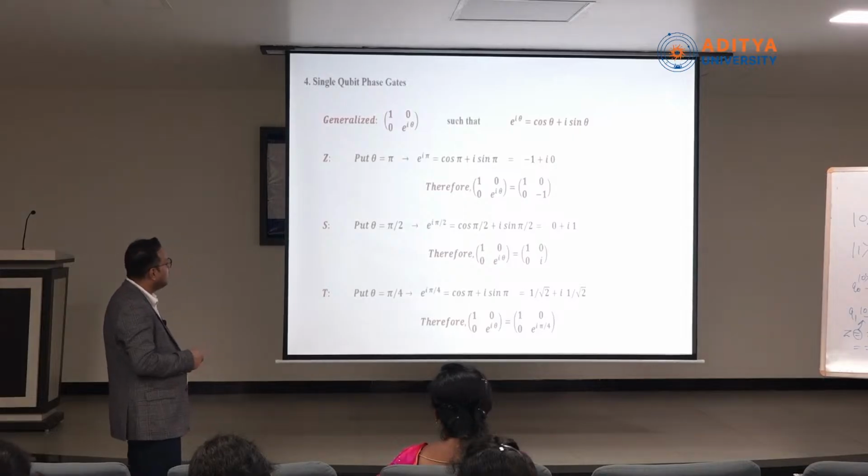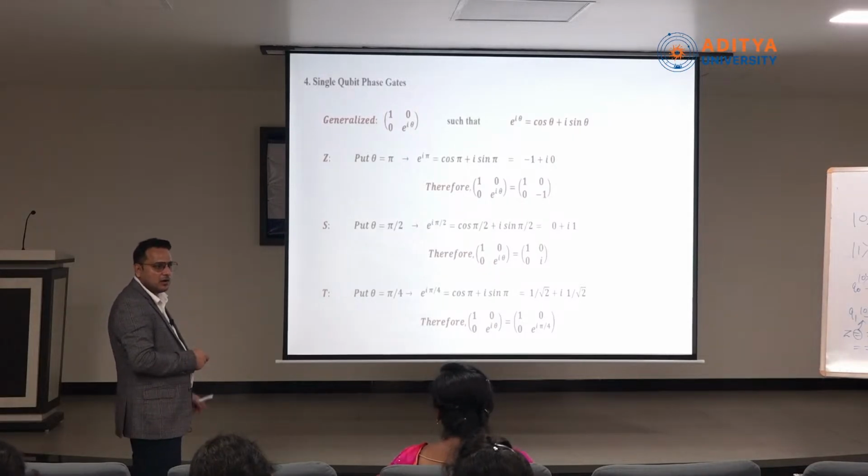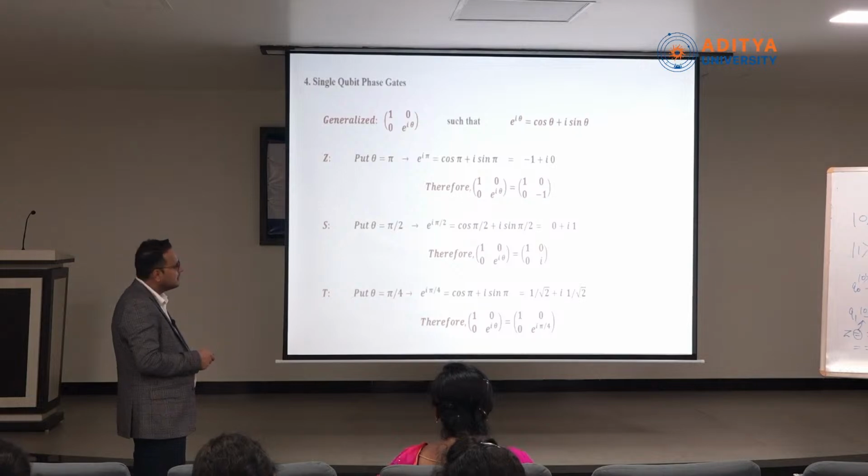Clear? Now another case: put theta as pi by 2. At pi by 2, e raised to the power i pi by 2 becomes cos pi by 2 plus i sin pi by 2, which is 0 plus i times 1.